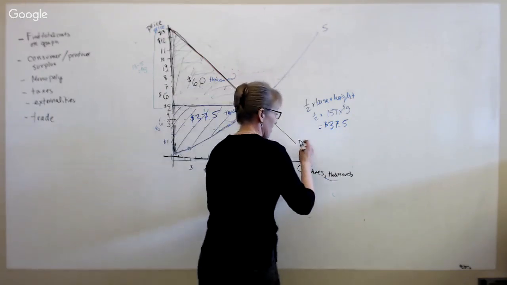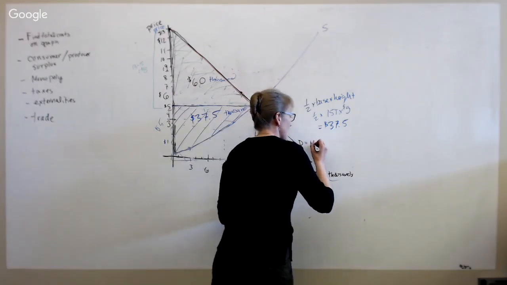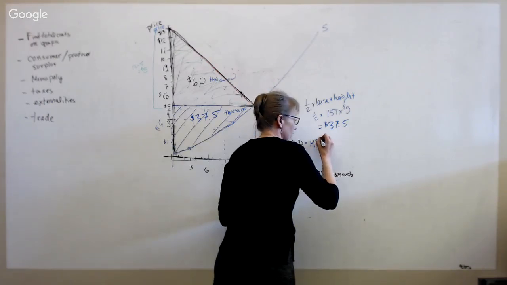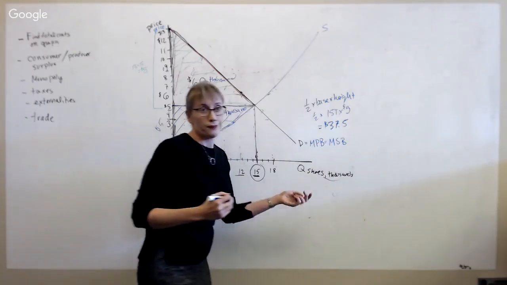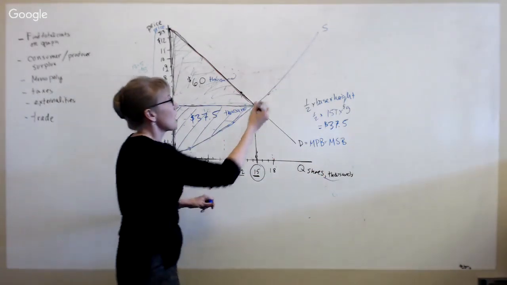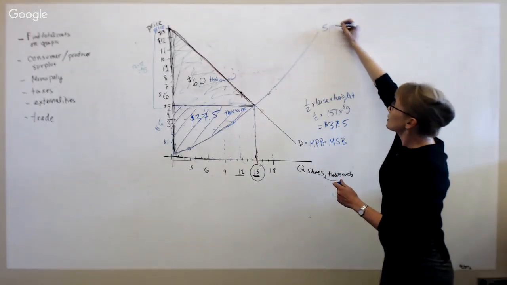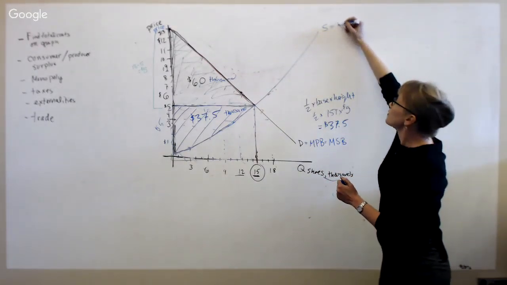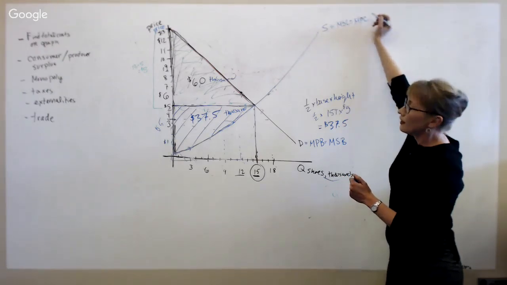We know that if there are no externalities, then our demand curve, marginal private benefit, is equal to marginal social benefit. There are no positive or negative externalities, so our supply curve, marginal social cost, is equal to marginal private cost.